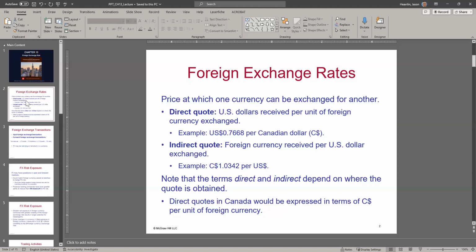So if you were in Canada, the examples they give there would be flipped. The direct quote will be Canadian per US dollar, and the indirect quote will be US per Canadian dollar, in that sense, that the numbers will be flipped. So just understand that. Direct quote does not mean United States dollars, you mean domestic, wherever country you're in.